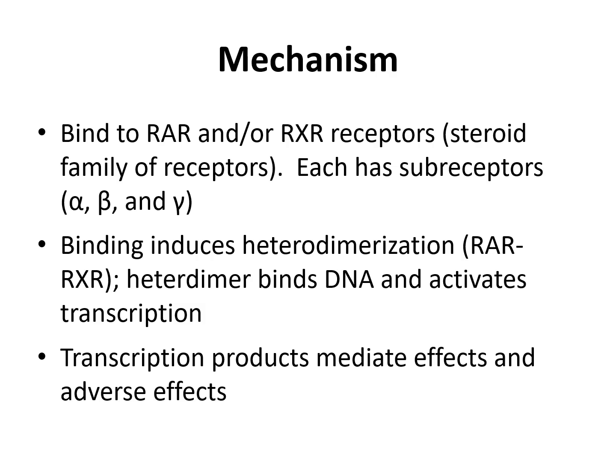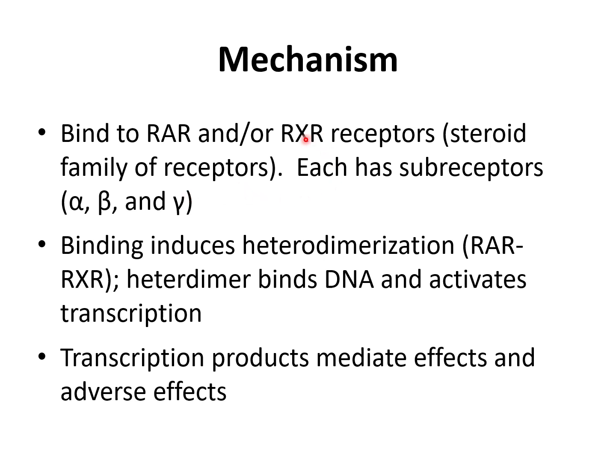How do they act? They have their own receptors called the retinoic acid receptor, RAR, or the retinoid X receptor, RXR. And these are a steroid family of receptors. In other words, they are intracellular, intranuclear receptors. And each of these two receptors has subreceptors, alpha, beta, and gamma, which are differentially distributed in various cells.